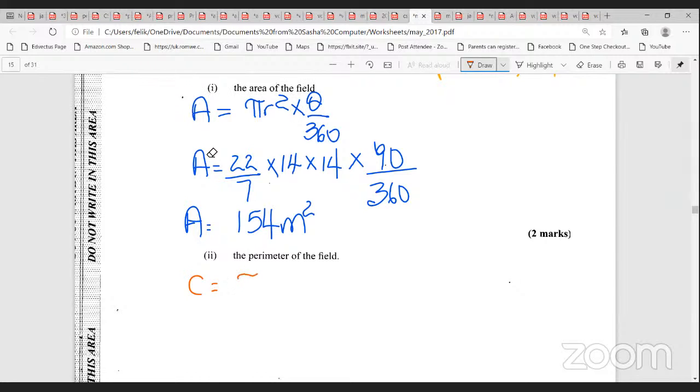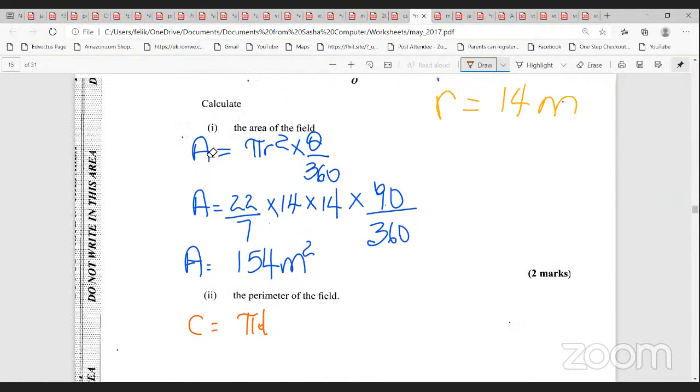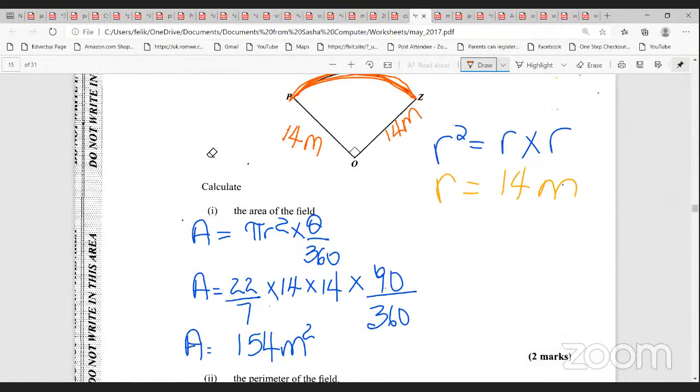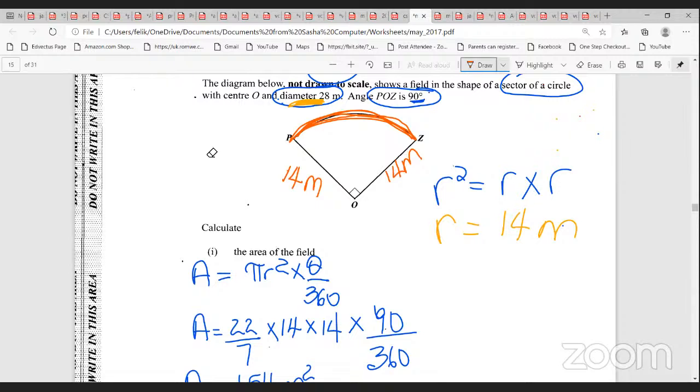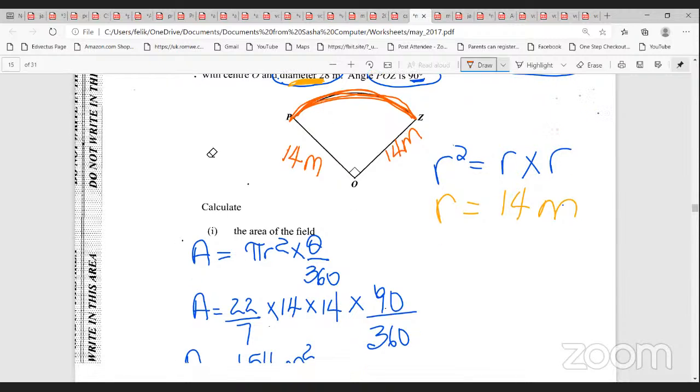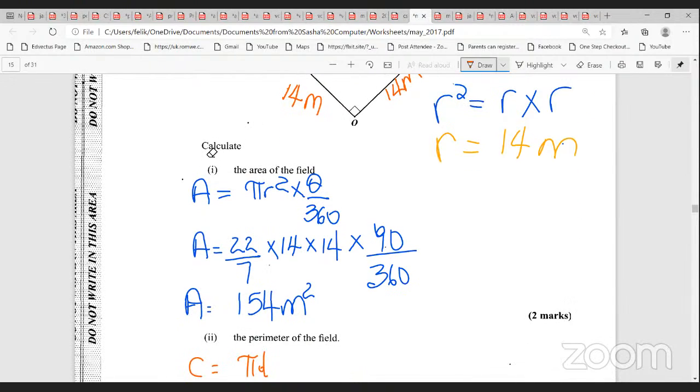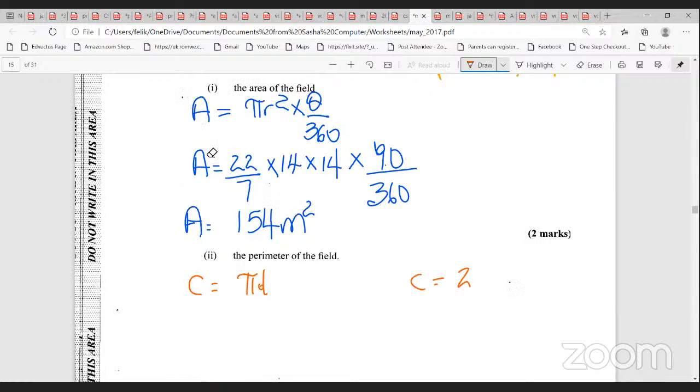All right, so we'll go with pi d. Pi d is correct. Well done to Johnny. So is there any other formula? It's pi d, or we could use 2 pi r. Not 2 pi r square, but 2 pi r.